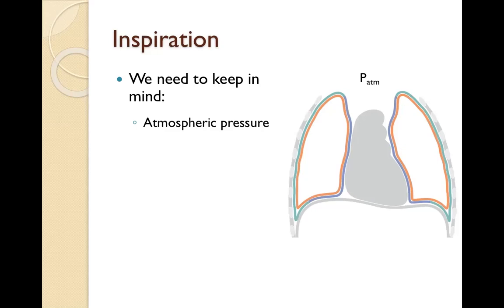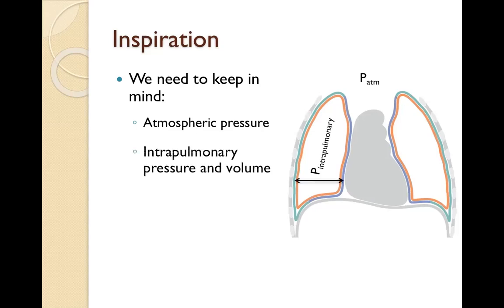Okay, so we need to keep in mind atmospheric pressure. So what is the pressure of the air that's outside of our body? We have to keep in mind something called intrapulmonary pressure. Pulmonary just refers to a lung. So inside of the lung, we need to talk about what the pressure is.